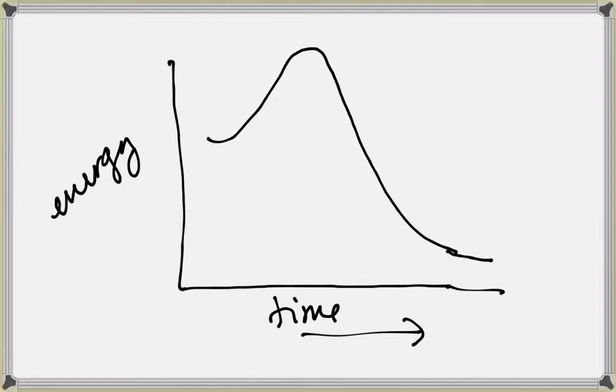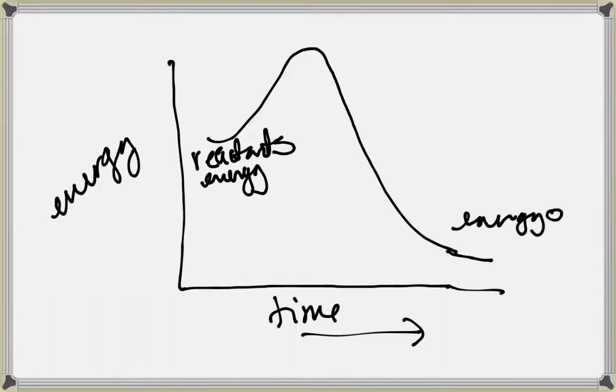Okay? And so on here, we have what are known as reactants. So this is the energy of the reactants. What do you think this is the energy of? This is the energy of products, right?